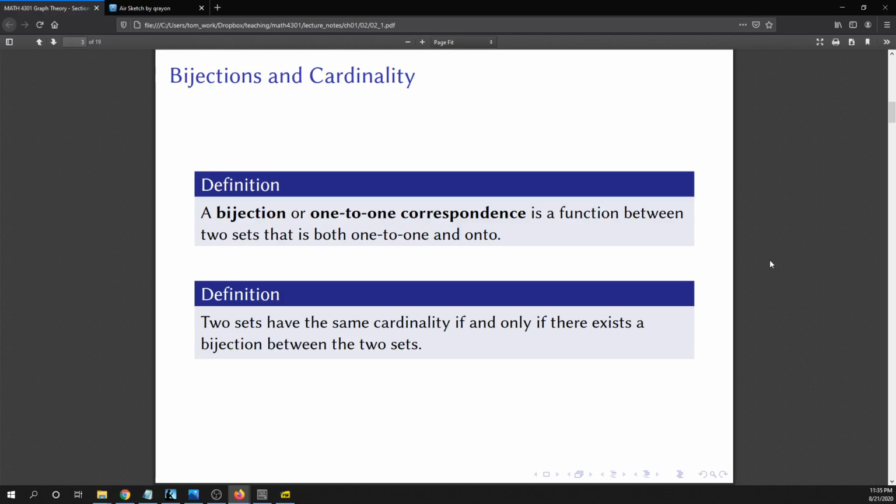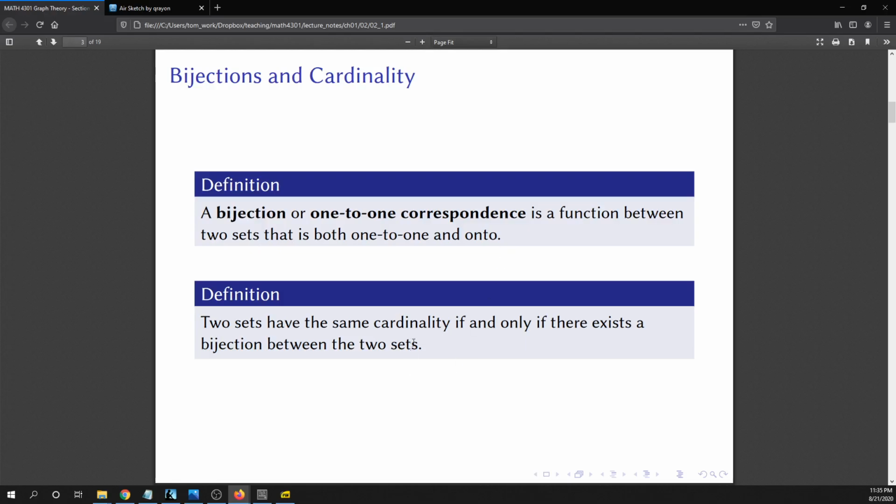Okay. So you may not have used the term bijection or one-to-one correspondence in your previous classes, but you may have just called a function one-to-one and a function onto. But anyway, that's all bijection means, a function that is both one-to-one and onto.